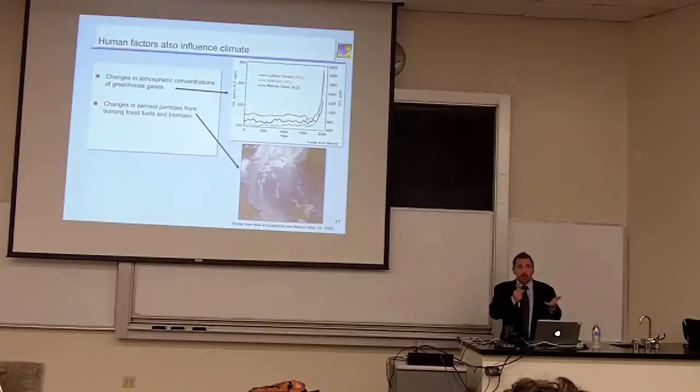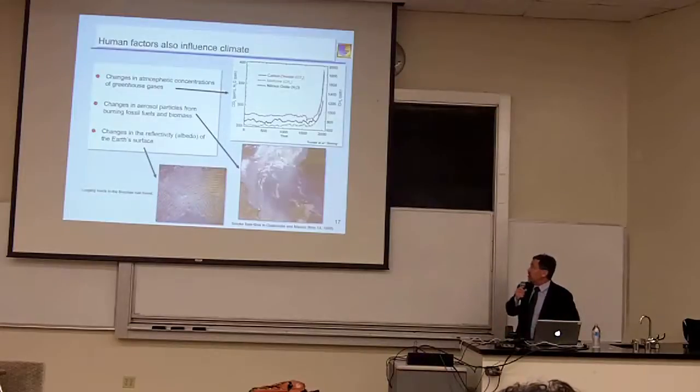Some darker soot particulates absorb incoming sunlight and heat the atmosphere. Others, like these sulfate aerosols that Doug mentioned earlier, actually reflect incoming solar radiation and cool locally. And where you have high burdens of these particulates in the atmosphere, you have the potential to affect local and even regional climate. Again, not natural.